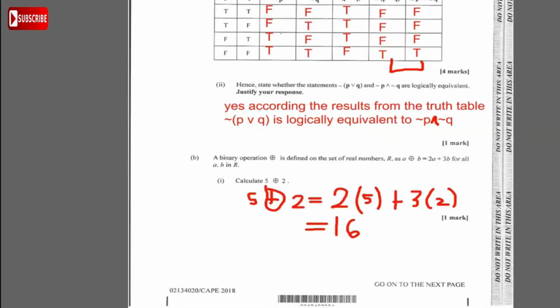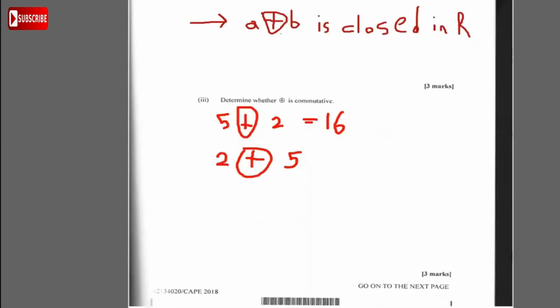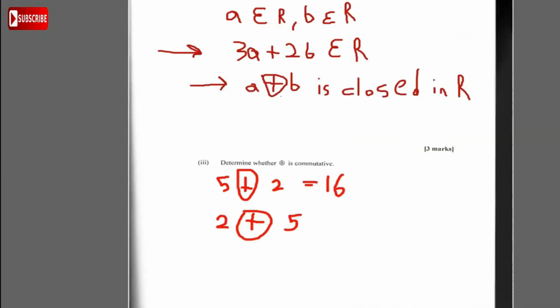Oh, it was 2a plus 3b, so that means up here it should have been 2a plus 3b. I wrote 3a plus 2b. This is 2a plus 3b, but it's still going to be a real number anyways. So down here, 2 circle plus 5 is going to be equal to 2 times 2, which is 4, plus 3 times b.